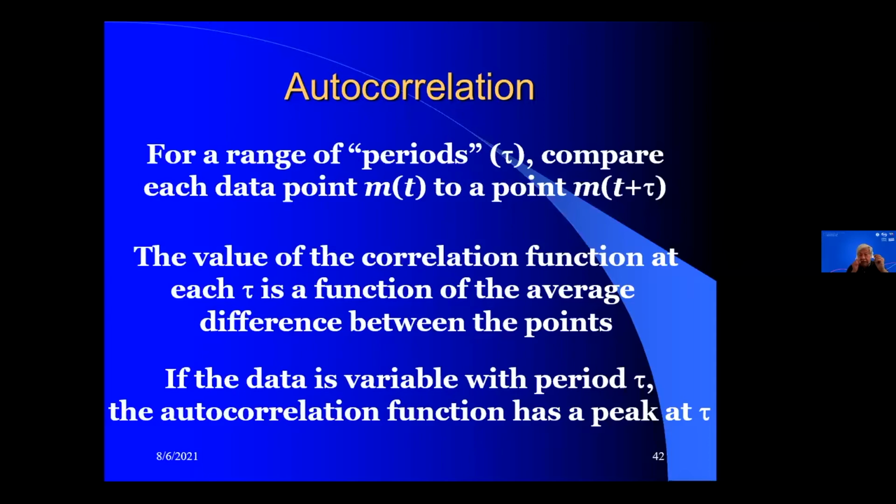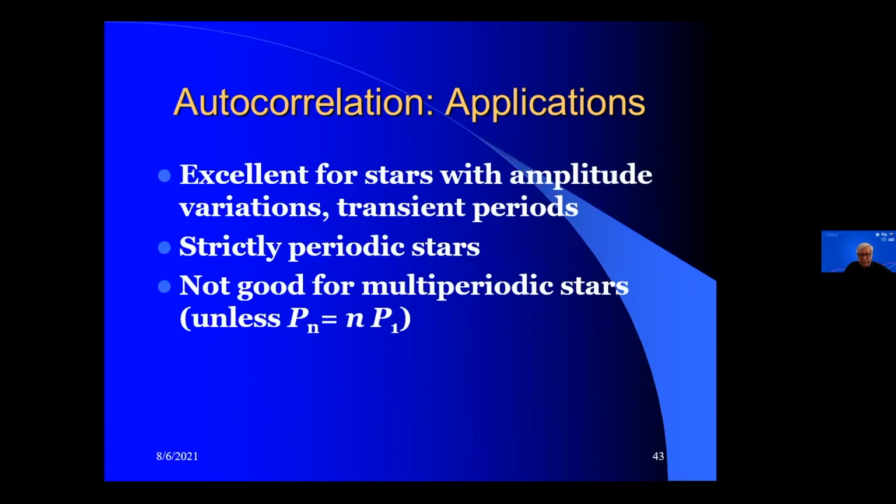If you like to make an in-depth study of one particular object, maybe Fourier transform or wavelet is a good choice. But if you make a large survey and you like to make a very quick look analysis of the variability, in many surveys people use the correlation in this case. Autocorrelation is excellent for stars with amplitude variation and transient period, or strictly periodic stars, but not so good for multi-periodic stars.